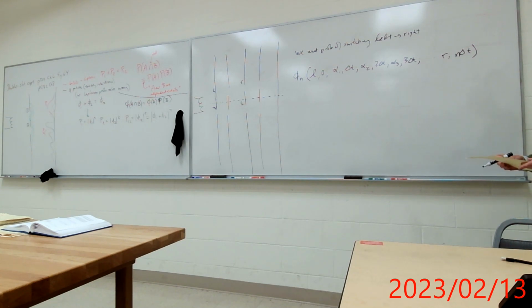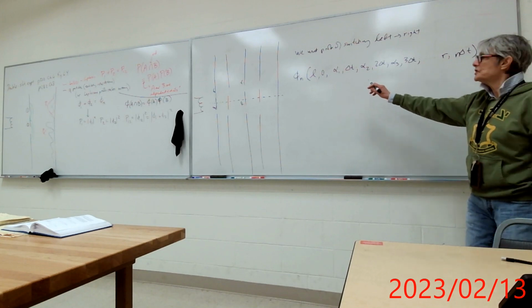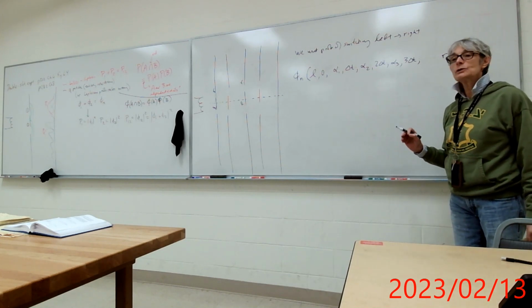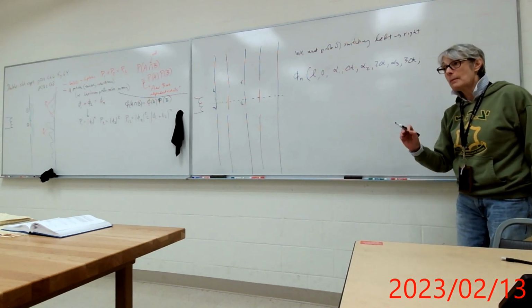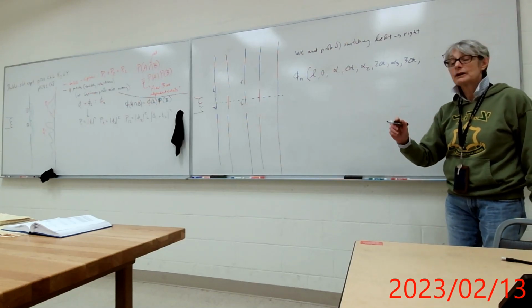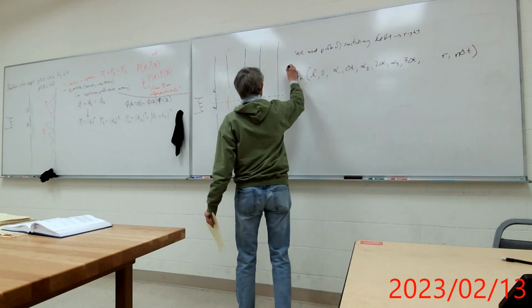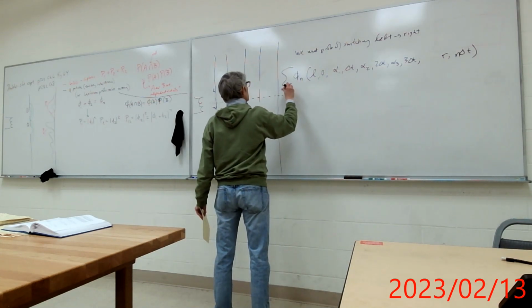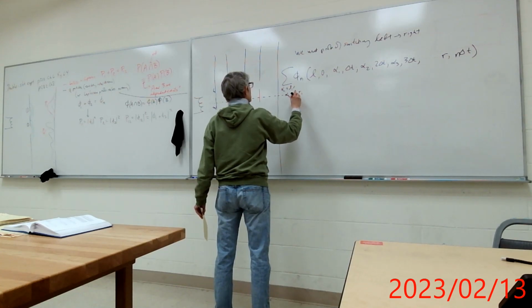Okay, well what's this alpha 1, alpha 2, alpha 3? Well, that's the state of the system at an intermediate time. And I have to sum over the two different possibilities of its being on the left or the right. So I have to sum over alpha 1 equals left and right, alpha 2 equals left and right, etc. Dot, dot, dot.